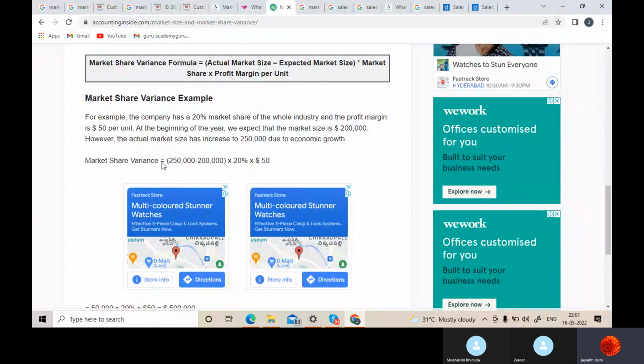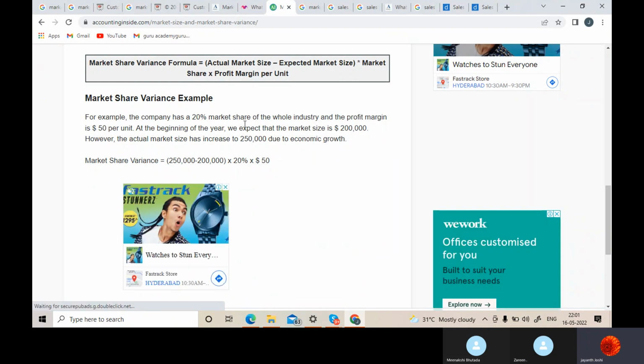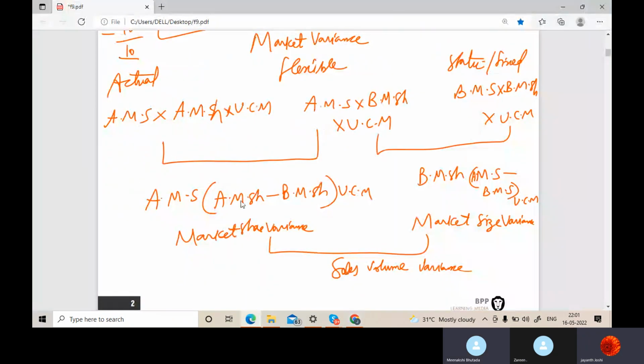How come it is share variance? See, what is the size given? Actual market size, 2,50,000. And they are using that as a share variance here. That's absolutely wrong. Market share variance is nothing but the difference between the shares, actual market share and budgeted market share. Am I right?